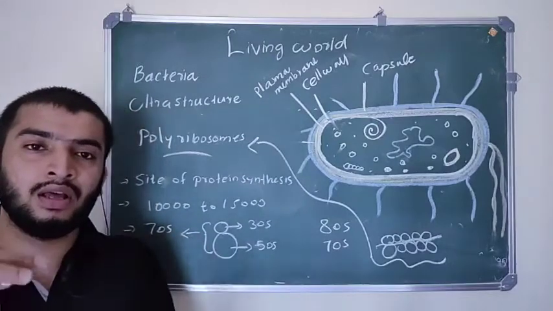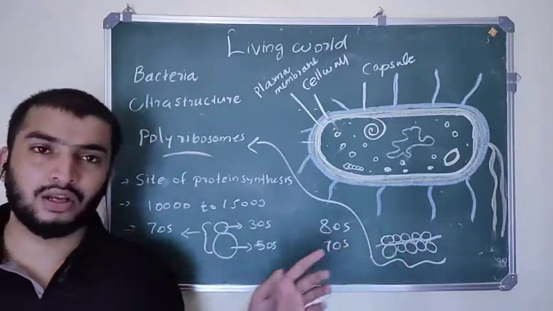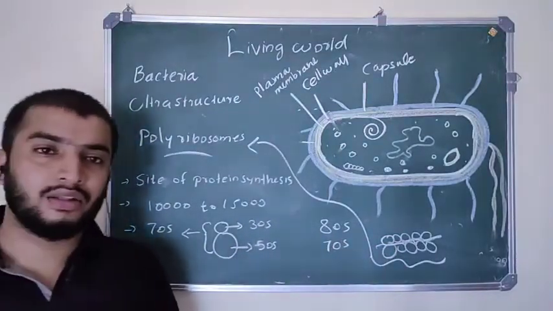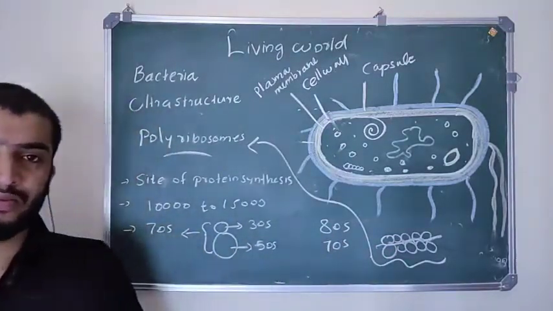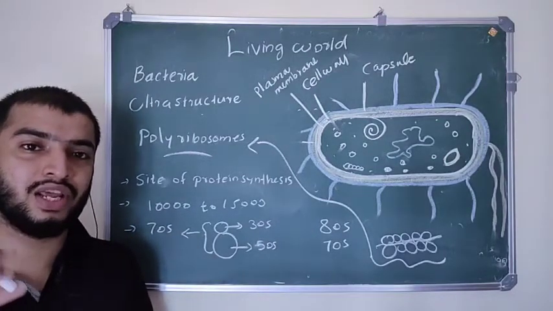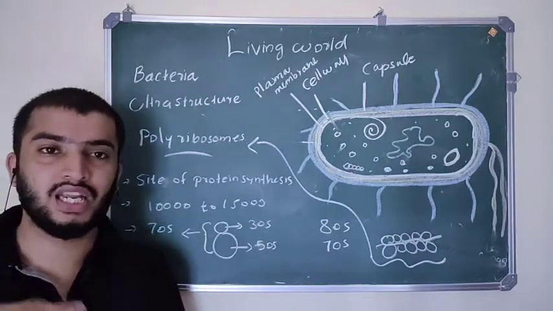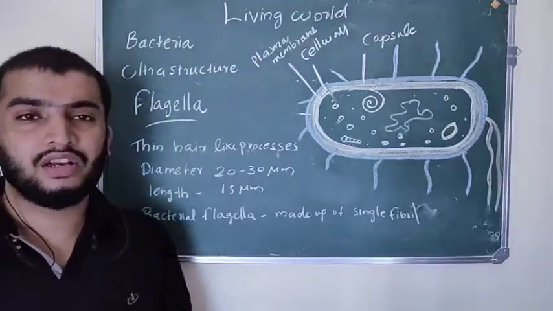Poly means many, so many ribosomes are held together with the mRNA, forming polyribosomes. So what type of ribosome is present in bacteria? 70S. What are the subunits of this ribosome? 50S and 30S.